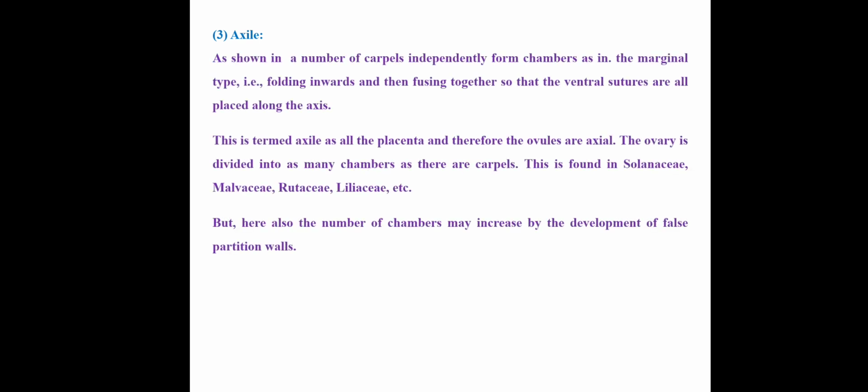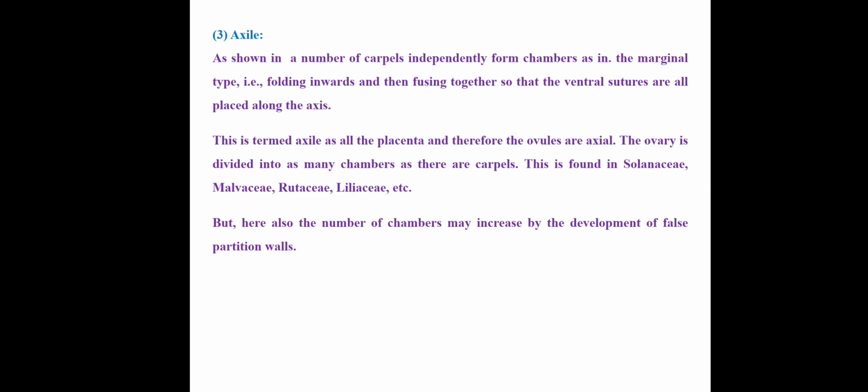Third one, axile. As shown, a number of carpels independently form chambers, as in the marginal type, folding inward and then fusing together so that the ventral sutures are all placed along the axis. In this case, what exactly happens? There is more and more extension of the ventral suture and it turns inward, forming an axis.